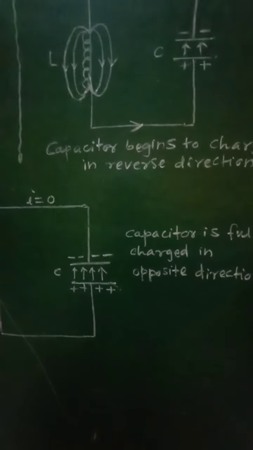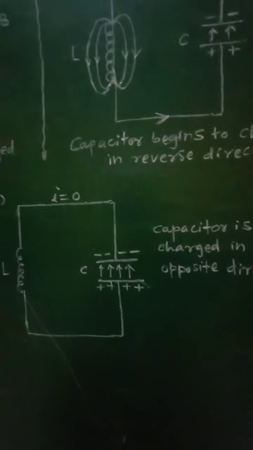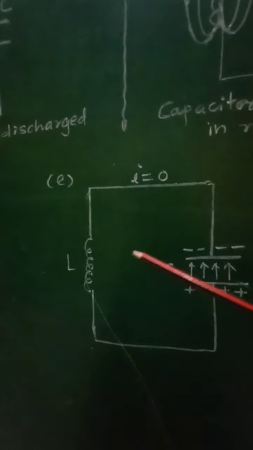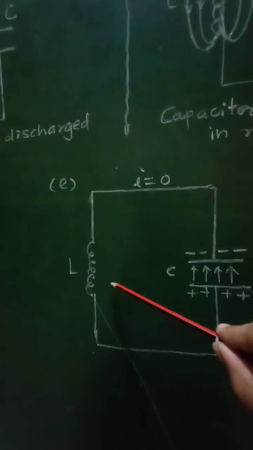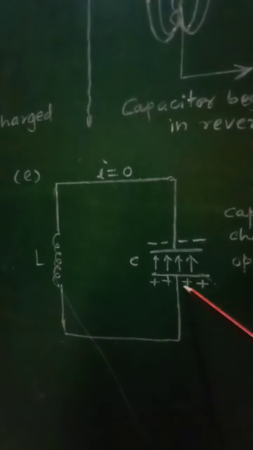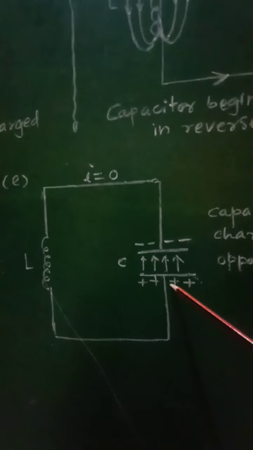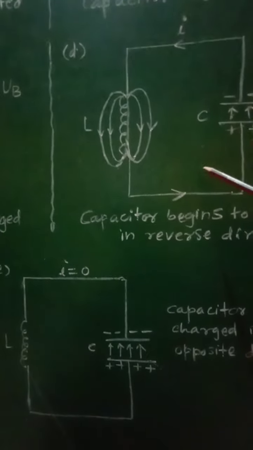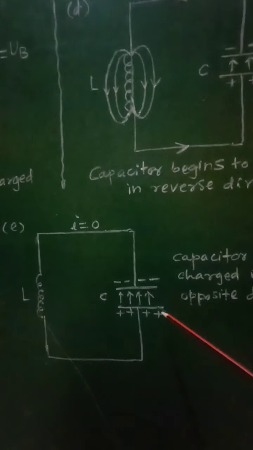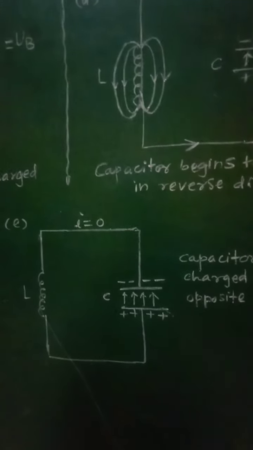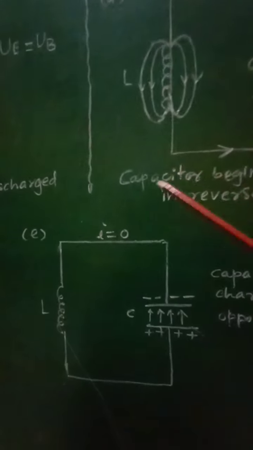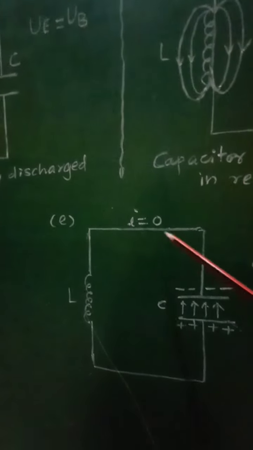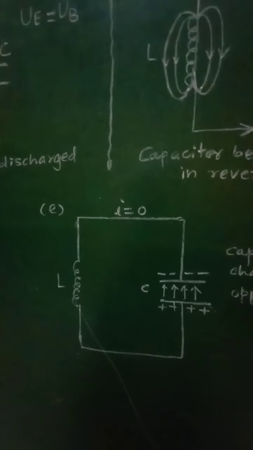So there will be no magnetic lines of force linked with this inductor, but the charge on the plates of the capacitor increases as compared with case D. Therefore it is fully charged in the opposite direction, and hence the current in the circuit will again become equal to 0.